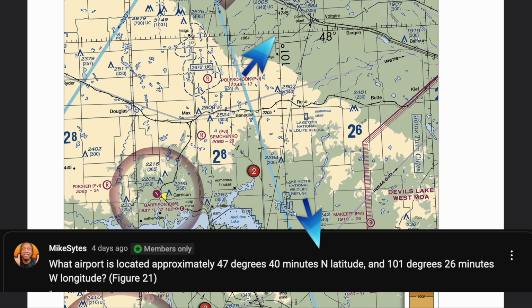When you see that letter N, that means that whatever you're looking at on the sectional chart in relation to latitude is north of the equator. Now, do you see how I just broke that down for you? If this letter was an S for south instead of N for north, that would mean I would be looking at 48 degrees south of the equator, but it's not. It's the letter N. I know that I am at 48 degrees north of the equator.